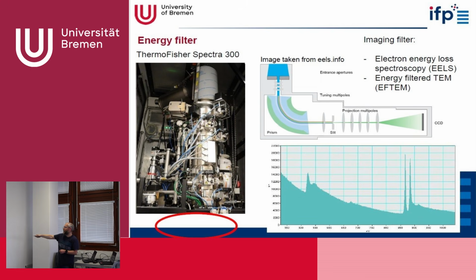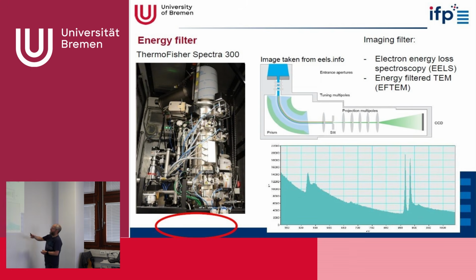From the height of these edges, we can infer the composition in the sample, and the shape of these edges can give us information about the oxidation state, for example. Cerium oxide typically can be in different oxidation states, and depending on the oxidation state, the ratio between these two peaks will change. So maybe for cerium 4+, it's like this, and for cerium 3+, the ratio will change, so then maybe the first is much lower than the second one.